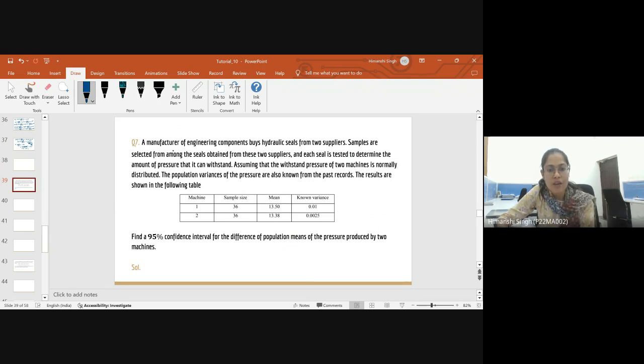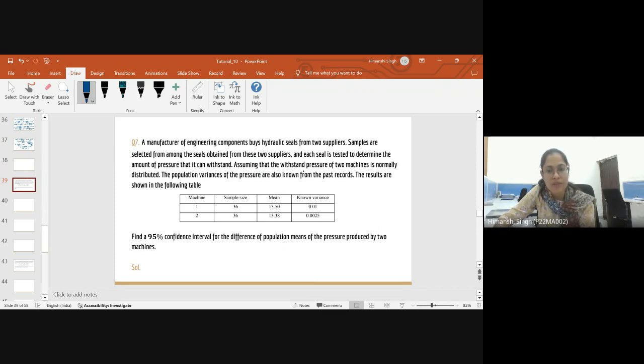A manufacturer of engineering components buys hydraulic seals from two suppliers. Samples are selected from among the seals obtained from these two suppliers. So we have two suppliers, let me name them supplier 1 and supplier 2, and each seal is tested to determine the amount of pressure that it can withstand.